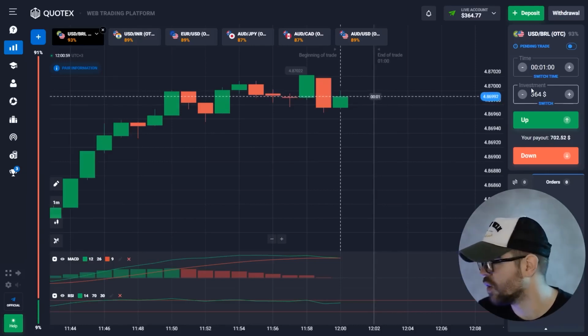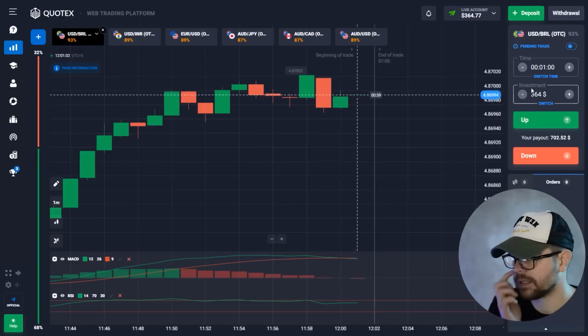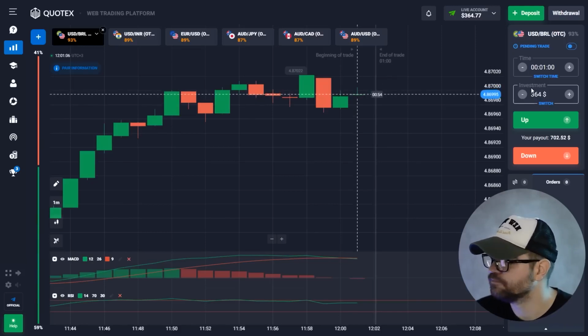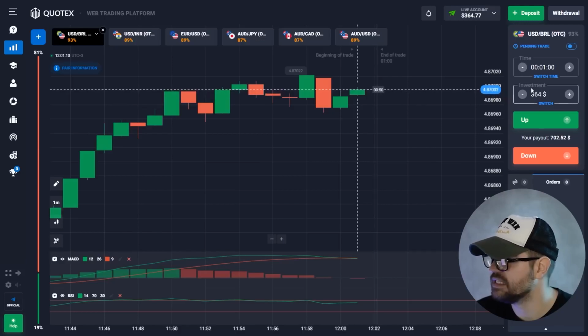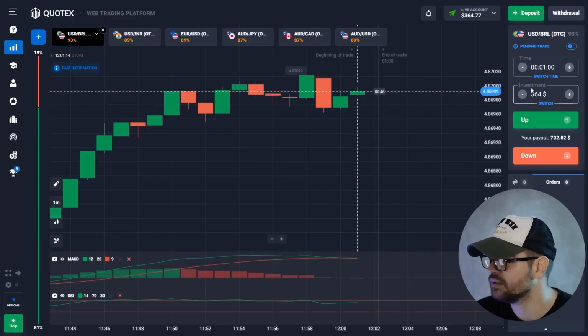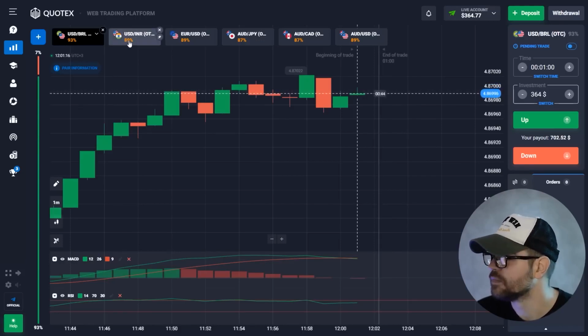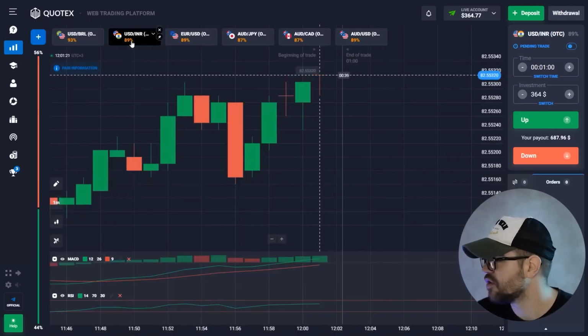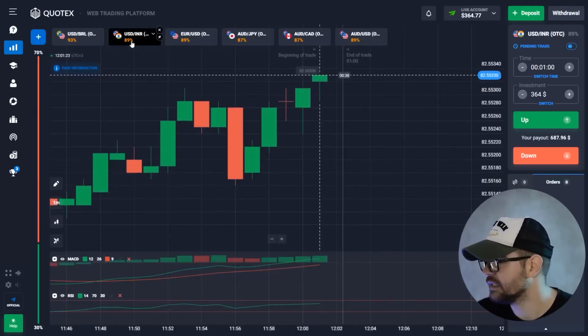And we're gonna go ahead and change the currency, $364. Okay, yeah. And also if you look at the MACD there, the green line is about to cross the orange line, the red orange line, and that's an indication as well. Okay, let's go for a next.